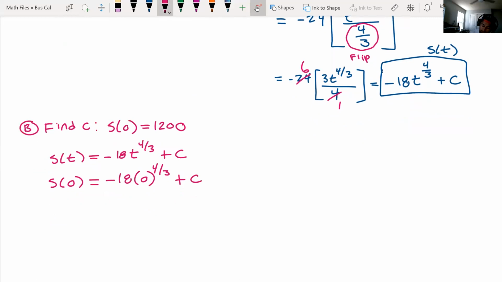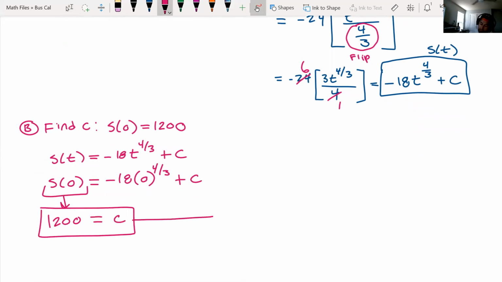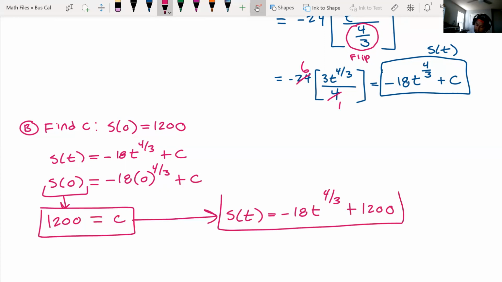And the left side becomes 1200. So you'll get 1200 equals C. So the actual equation is S of t equals negative 18 t to the 4/3 plus 1200. There's the real S of t.